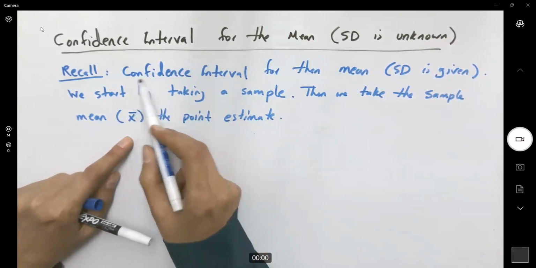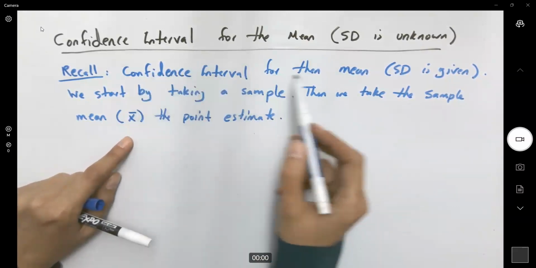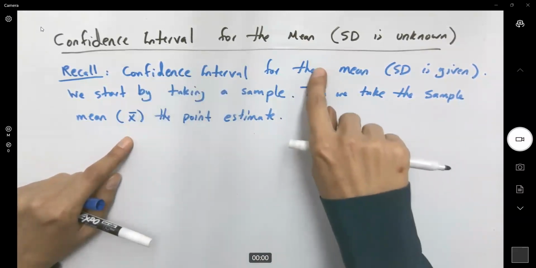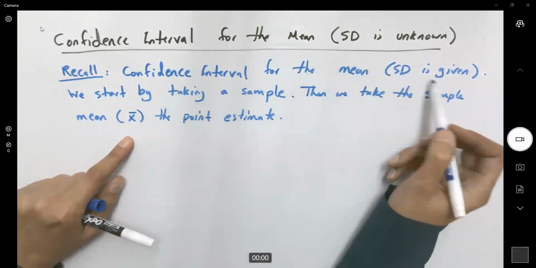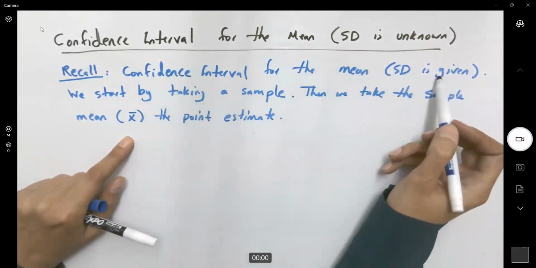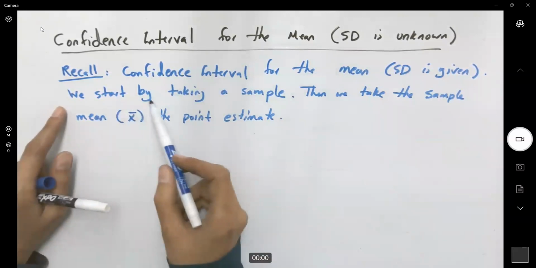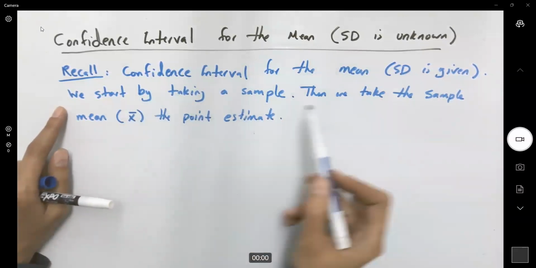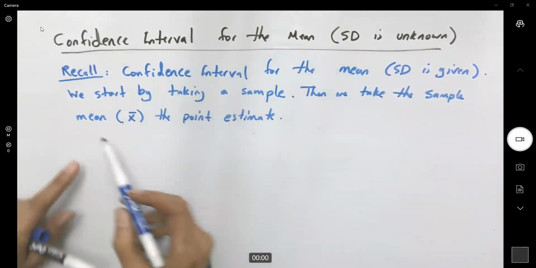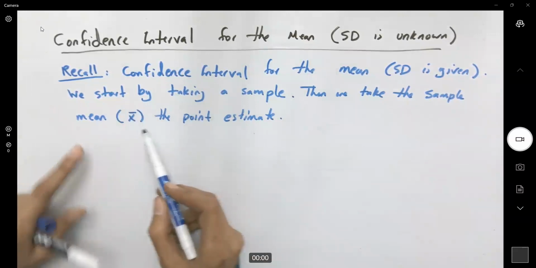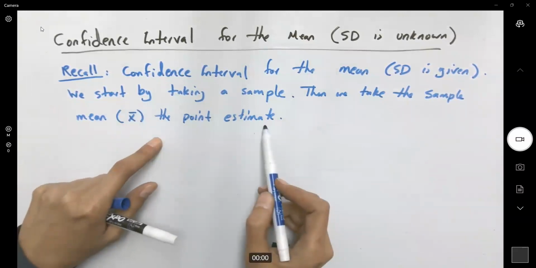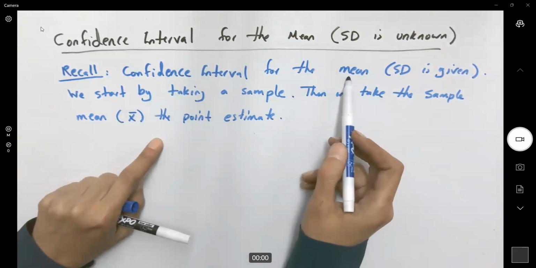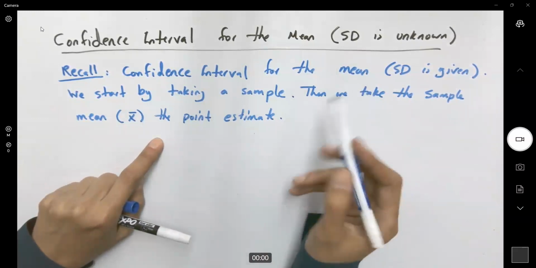We were trying to build the confidence interval for the mean of the population when the standard deviation was given to us. We started by taking a sample, then we take the sample mean, X bar, which was the point estimate for the population mean. Very well.